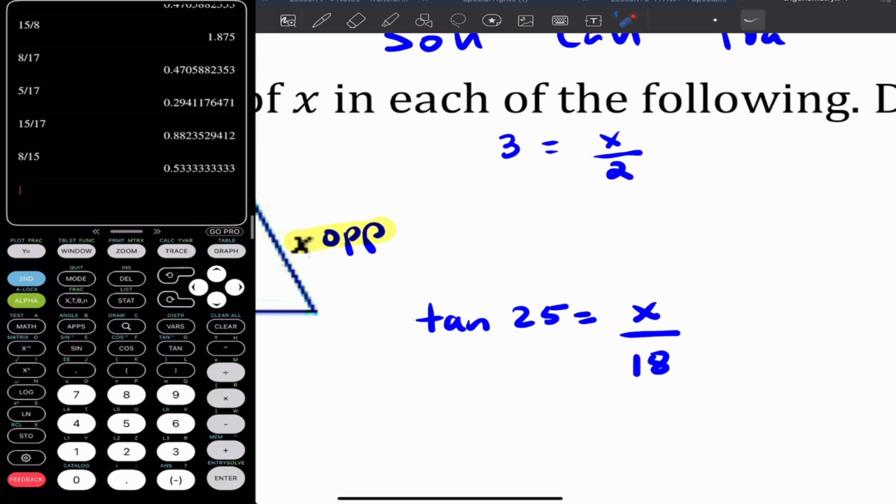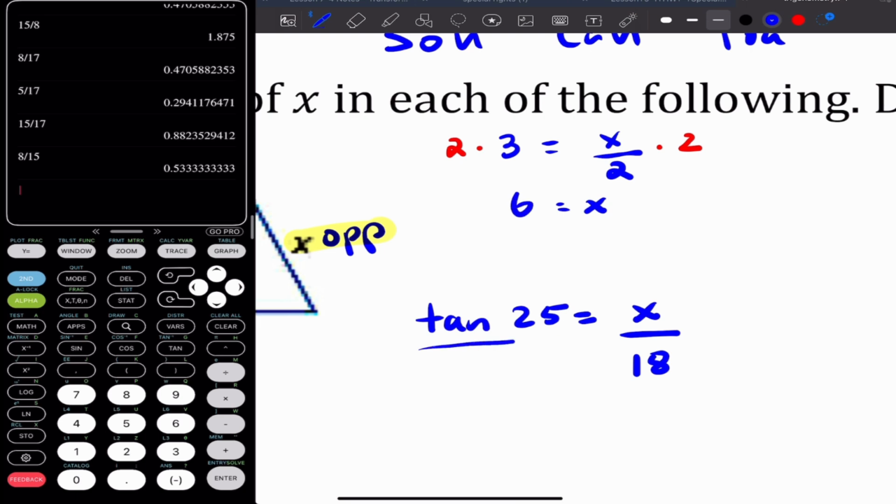Now, what's the opposite of division? Well, that's multiplication. I need to multiply both sides by 2. So I have x over 2 times 2, or if I multiply across, I have 2x over 2. 2x over 2 is x on the right-hand side, right? And then 2 times 3 is 6, so x is equal to 6.